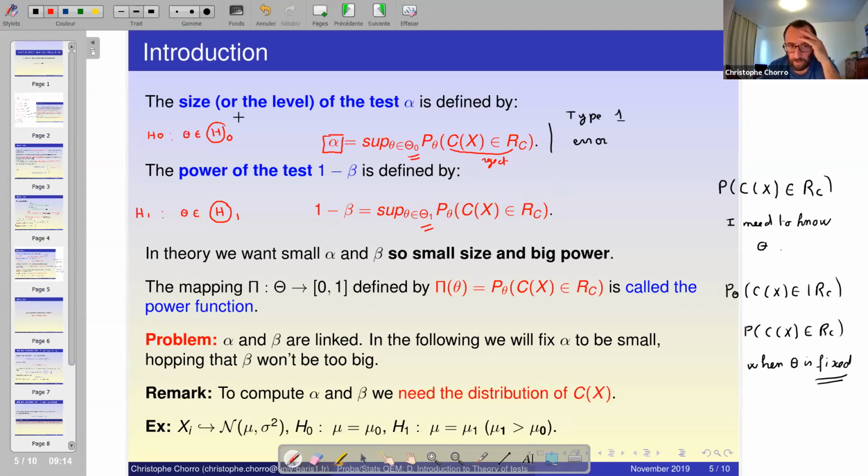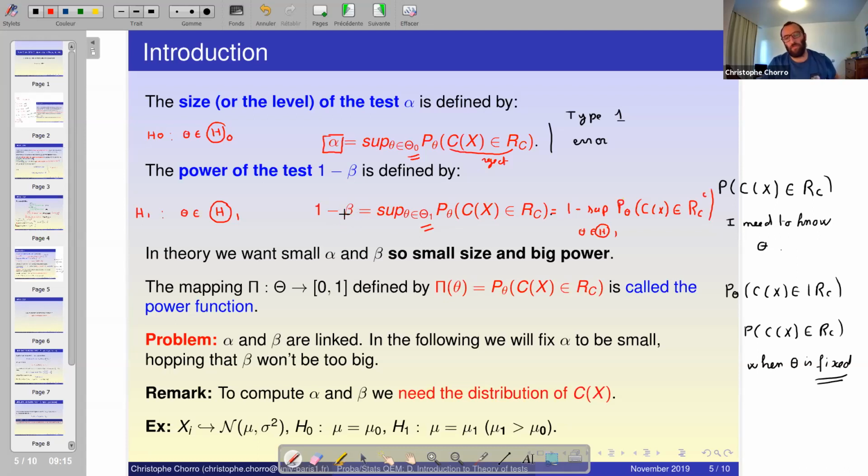I can write it this way using the complementary set. I can write it as 1 minus the supremum for theta belonging to theta 1 of P theta, but on the complementary set, that is, X doesn't belong to the rejection region, that is, it belongs to the complementary set.